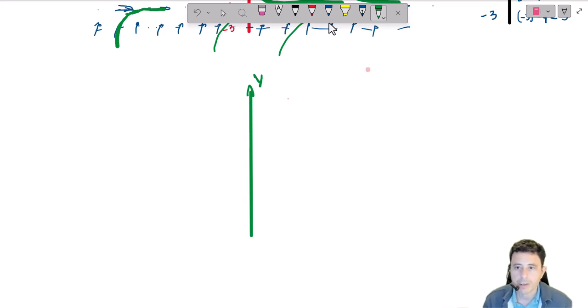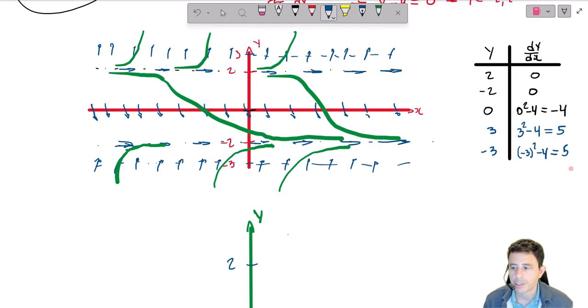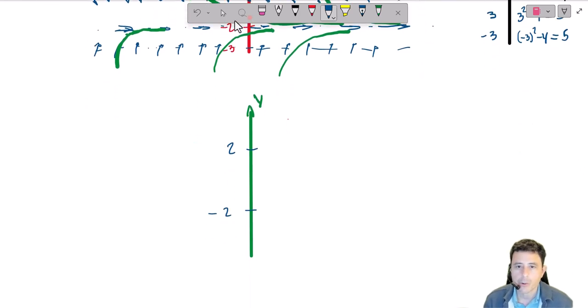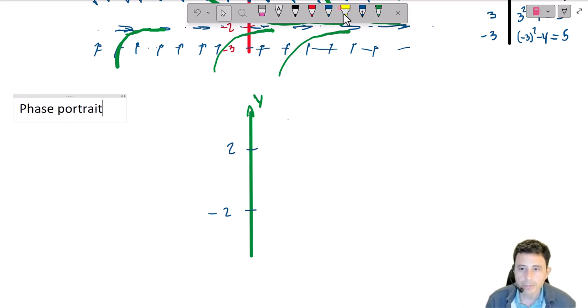But we need to include the critical points there. So we found critical points at 2 and at negative 2. So those places are where the derivative is 0. So I'm going to write here that the derivative here is 0, 0.